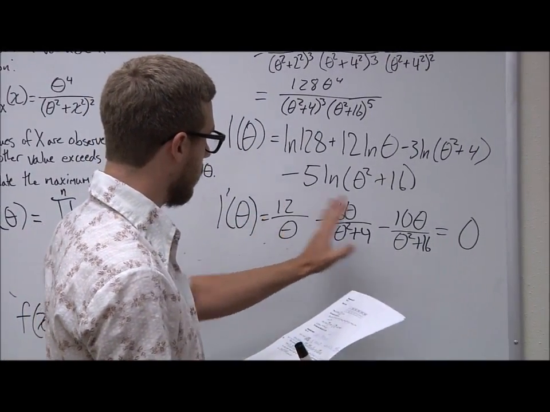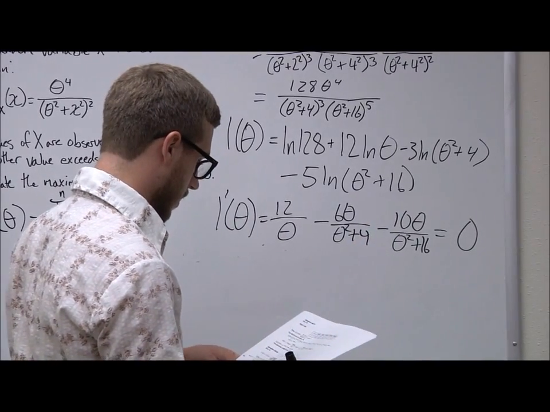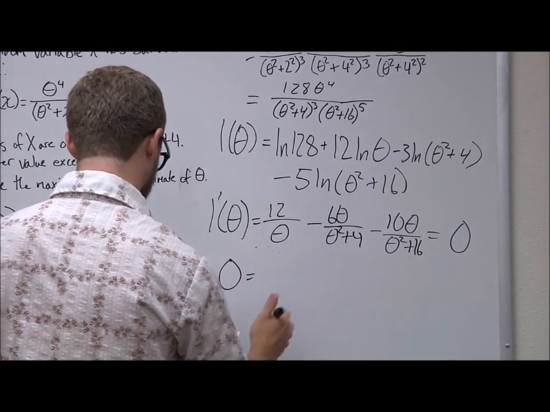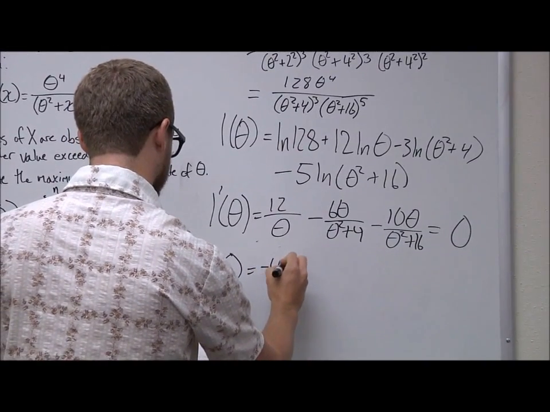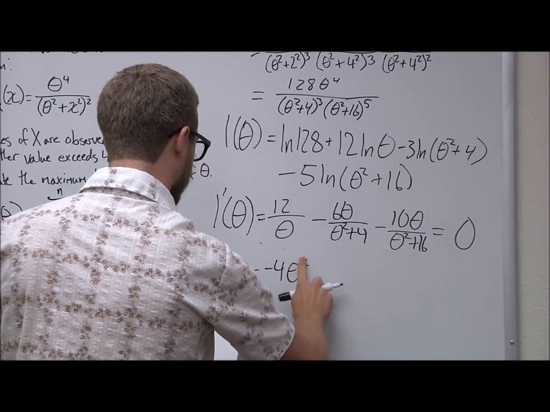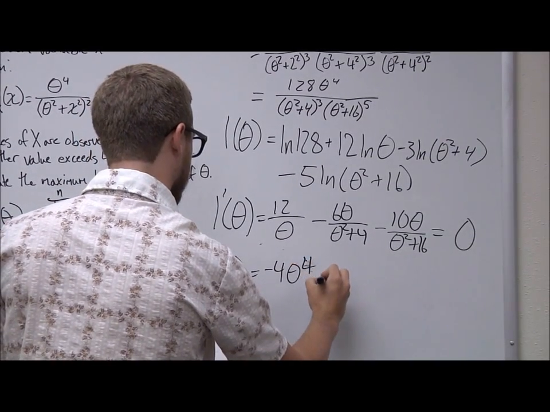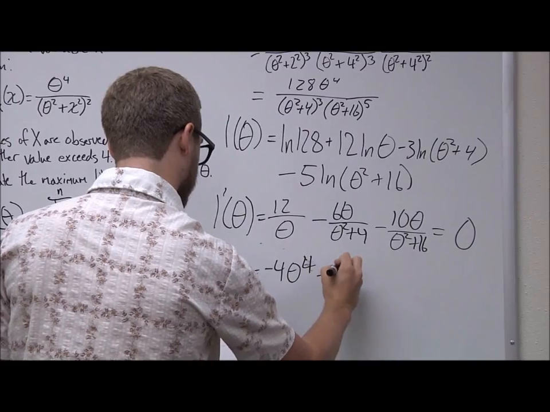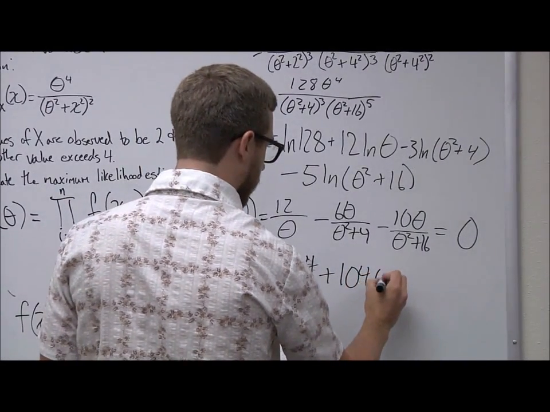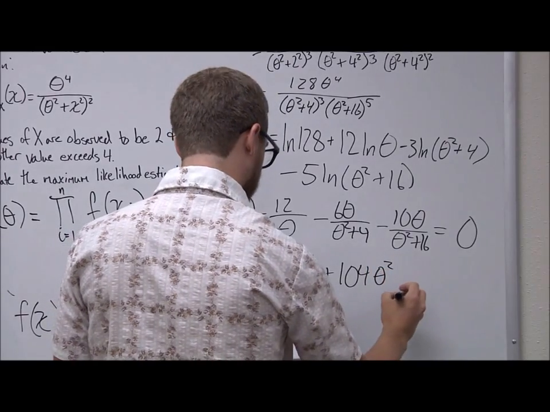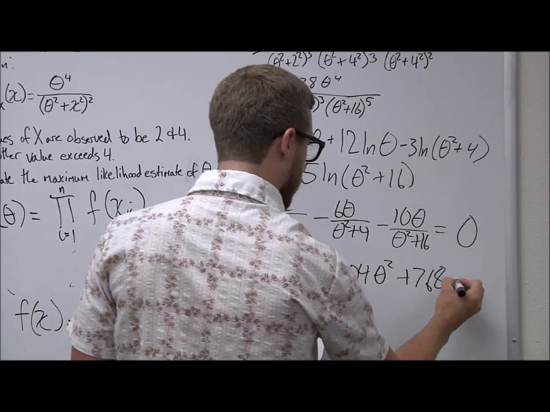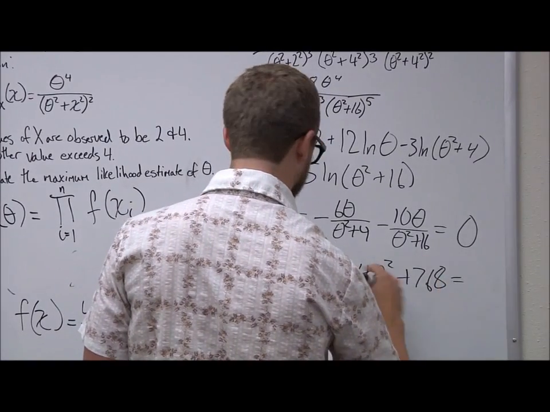Now if you simplify this some more, you end up getting that 0 is equal to negative 4 theta squared, or theta to the 4th, plus 104 theta squared plus 768, and that's equal to 0.